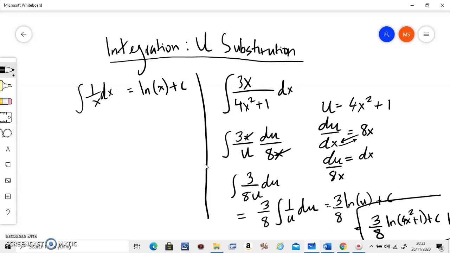And this bit here is your final answer. So these are the steps to follow if the question says use U substitution to solve the integral. Sometimes it may not even say use U substitution, but you will understand once with practice. Let's try and do one more.